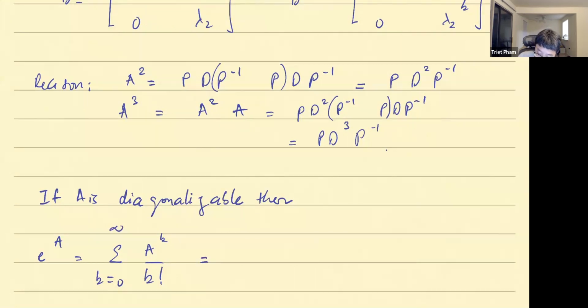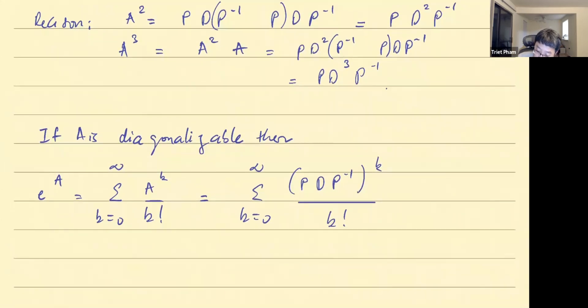If it's diagonalizable, then we can write A as P D P inverse raised to the K power. But then by what we just said above, you get the K power inside.